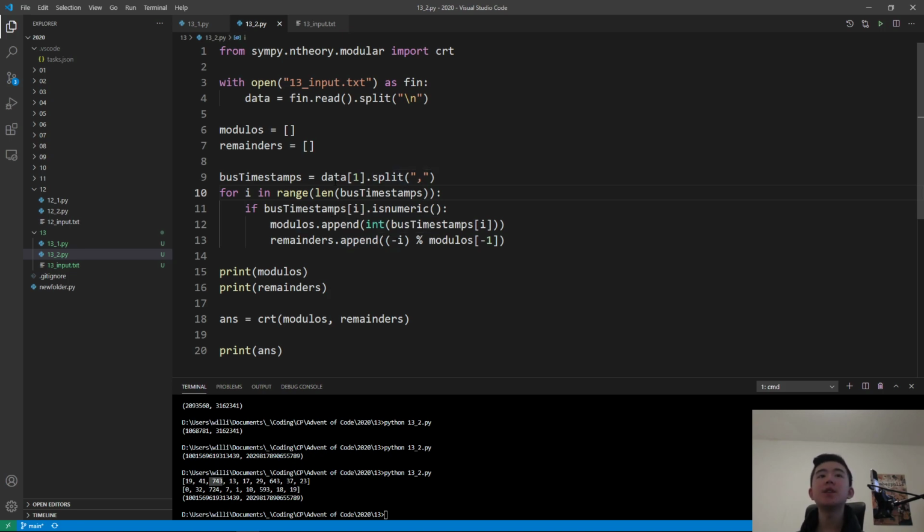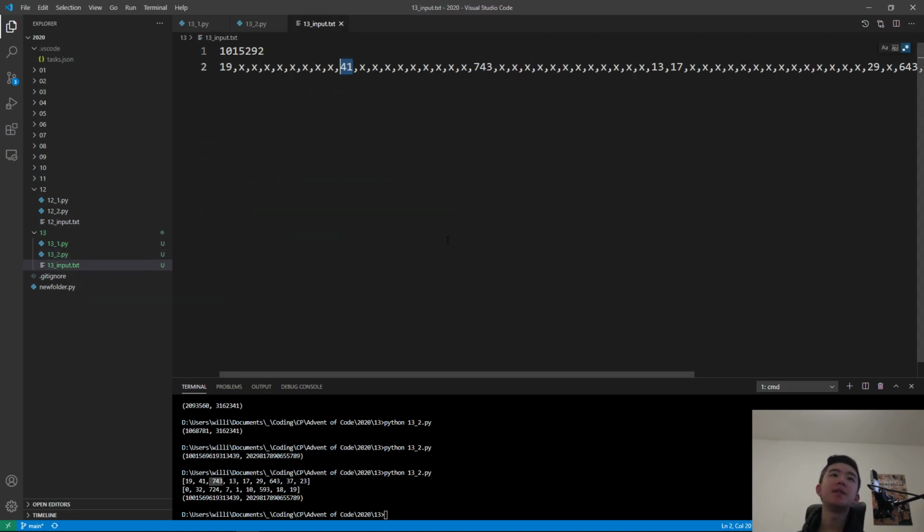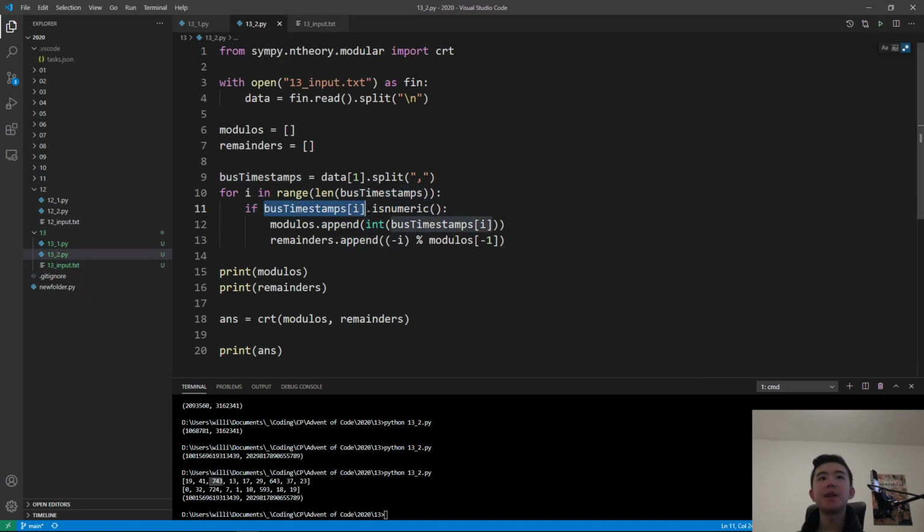Basically, once we hit a number, in our example i is 10 and bus timestamps i is going to be 41. We have to verify that it's actually an integer and not an x. So for modulos, we just add 41 to our list. And for remainders, we add negative 10 modulo 41.